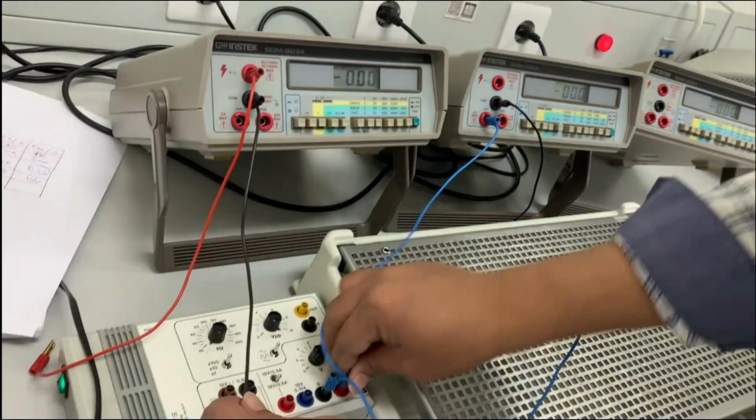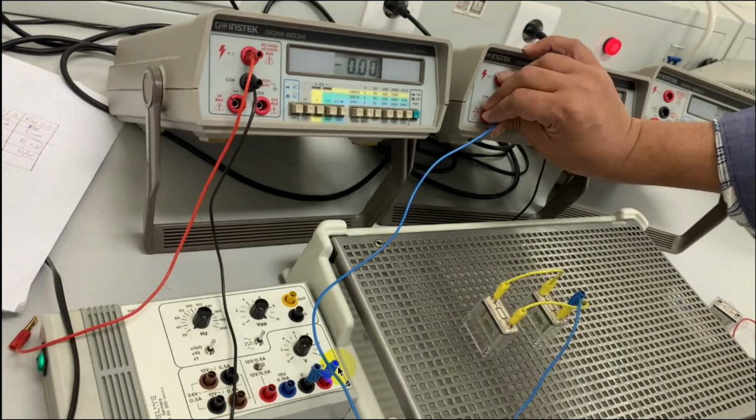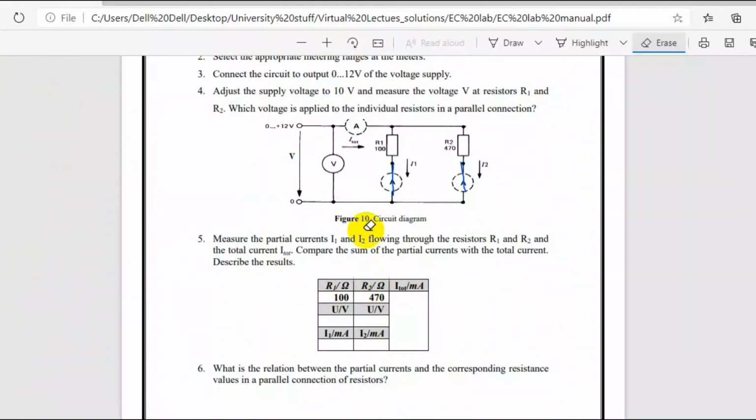I will connect the ammeter. From here we will connect directly to the supply, to R1 and R2. Now these two are short.